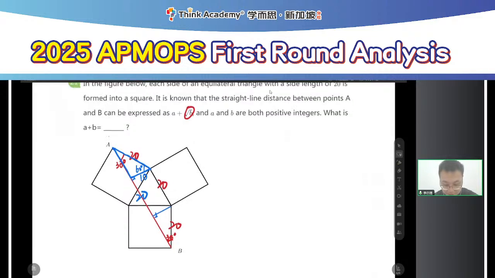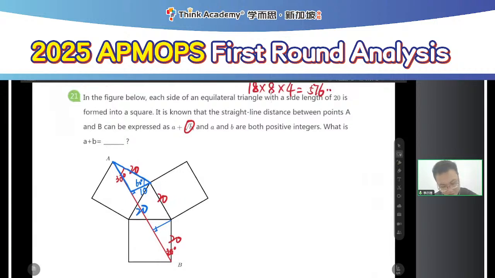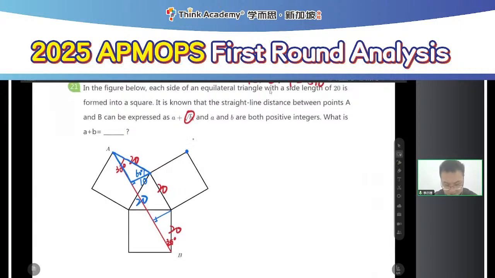And then point A is on another square? You mean here? You mean this is A, this is B? I don't know, I just go by my version. This is one version given by one source anyway.